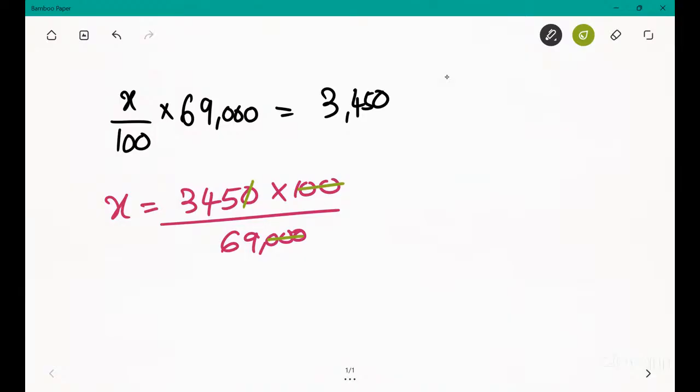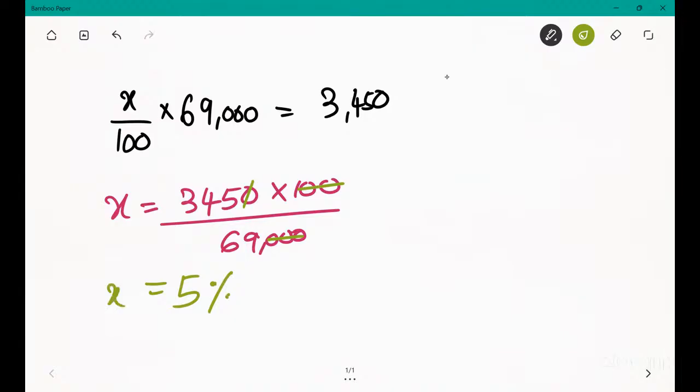You can't get 3,450. 345, which is equal to 5%.